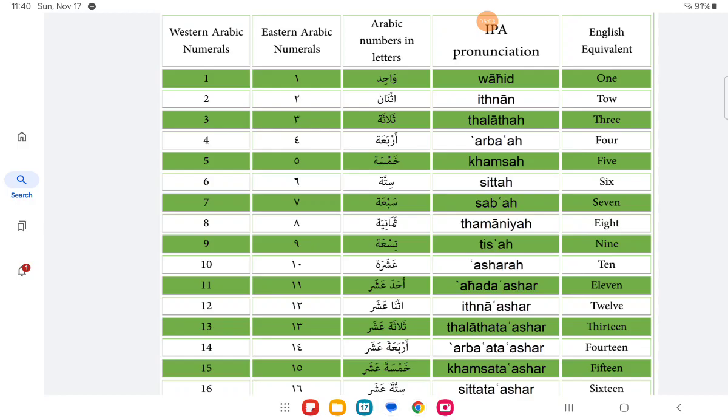For example, here is the word for 13, which is ثلاثة. Actually, no, 15 is a better example. خمسة عشر.